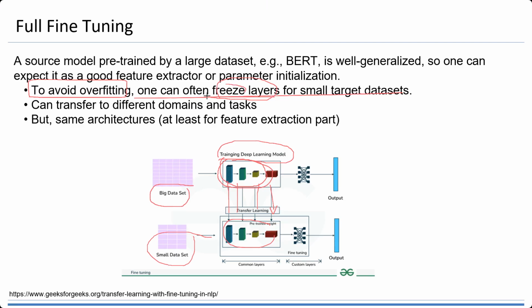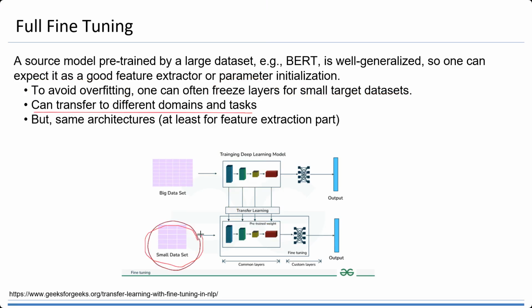So we need to freeze the layers. So we can transfer to different domains and tasks. If we have a different domain on the small data set, or different tasks on the small data set, we can transfer it, and at the end, we can fine tune it.